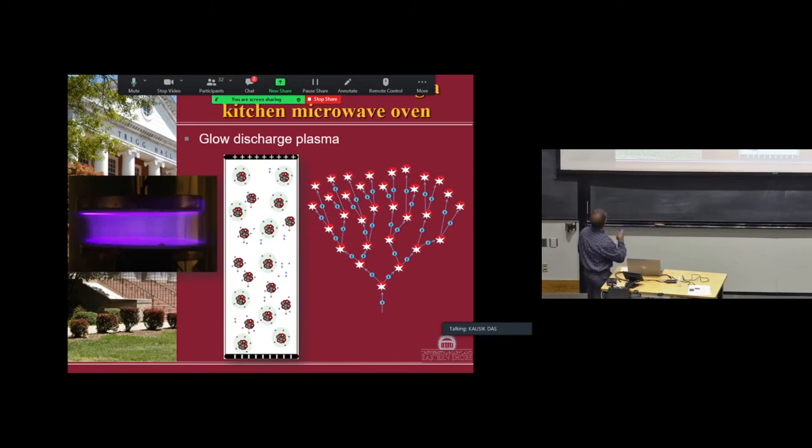So this is how plasma is normally created. There are two electrically conducting plates, and you create a very high electrical voltage difference between them. Eventually there is a breakdown of the atoms and molecules in between, the gas molecules. The separated electrons start to accelerate in the direction of the electric field, and the negative ions accelerate in the opposite direction.